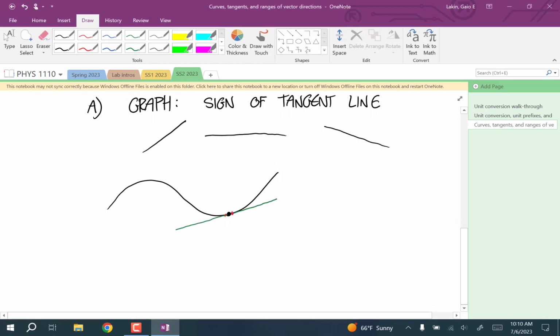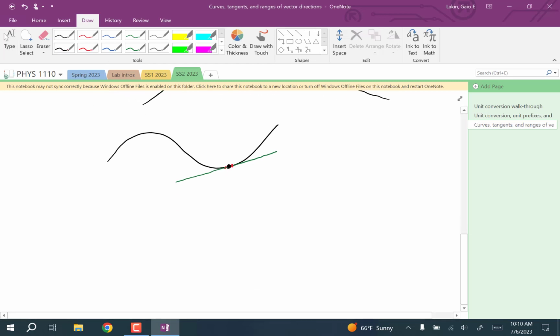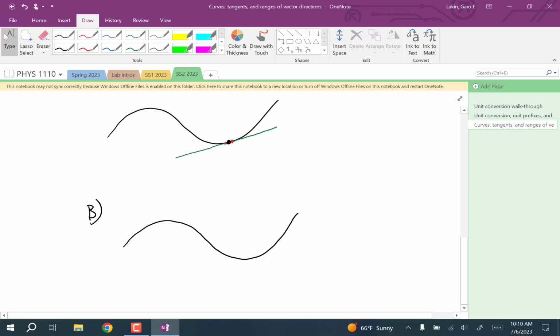Now, if that same exact curve could represent the path of a two-dimensional motion, so let's interpret it in that case. So I'm going to just try to redraw that basic thing. So what if this is the path of an object in a two-dimensional space? It's not a graph of a one-dimensional motion.